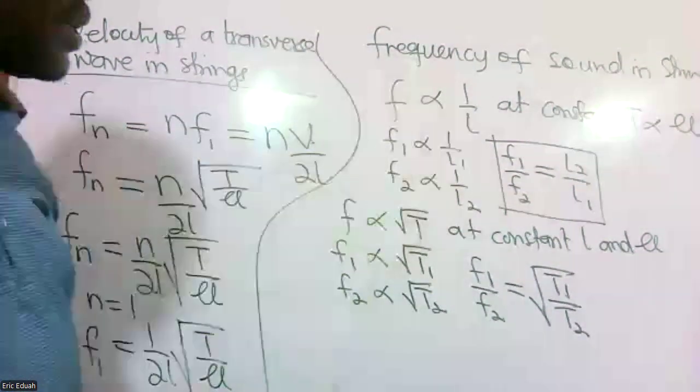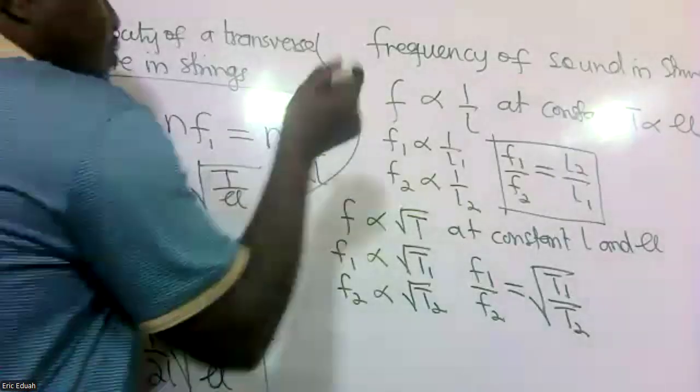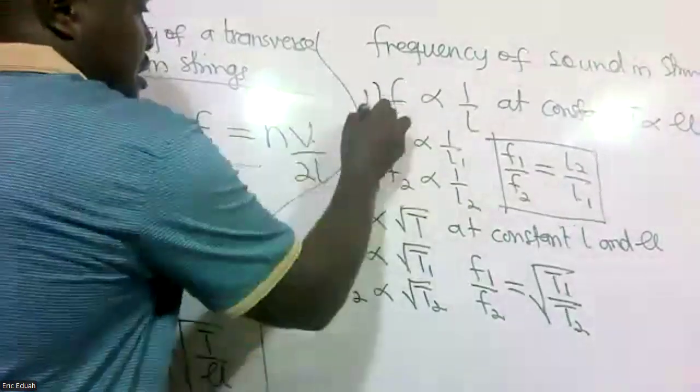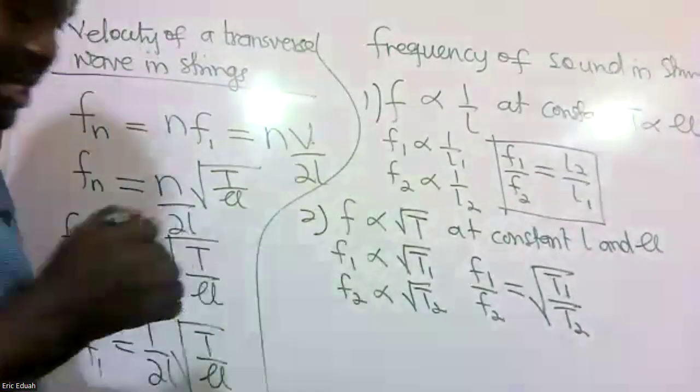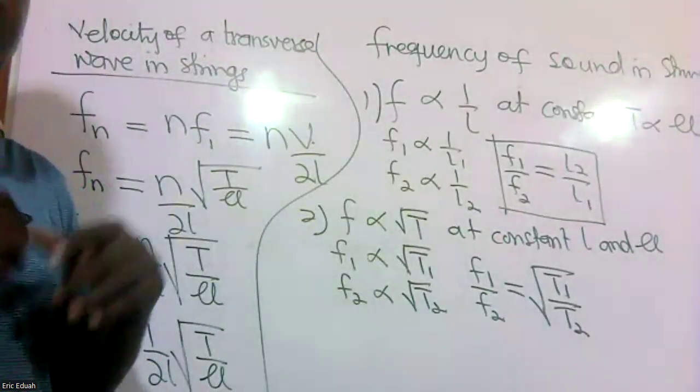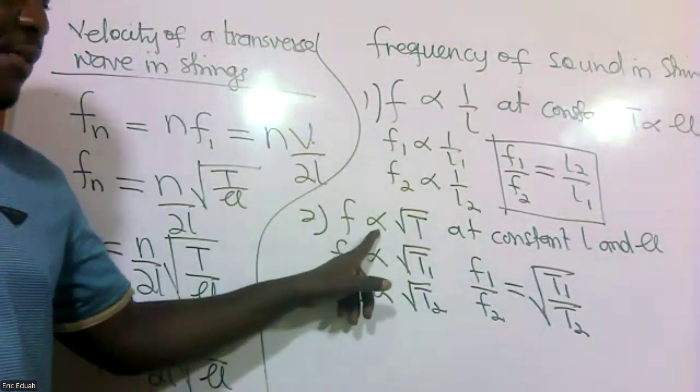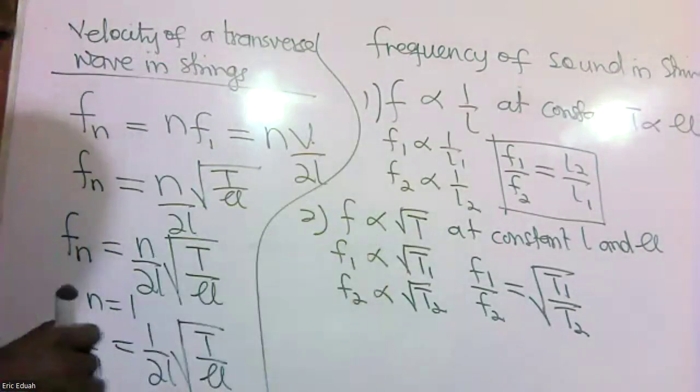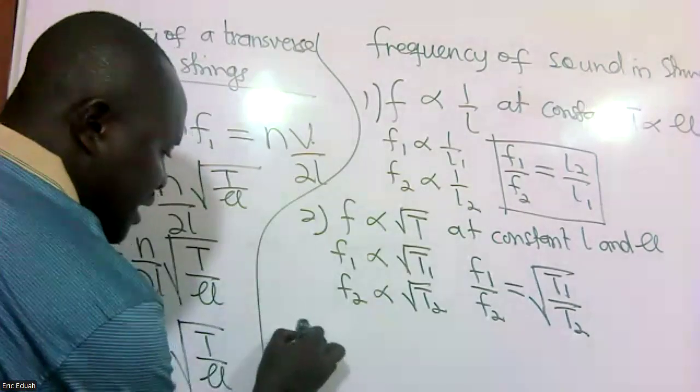F is inversely proportional to L. Then the second one is that frequency of sound in string is also directly proportional to the square root of the tension. Then the third one is this.